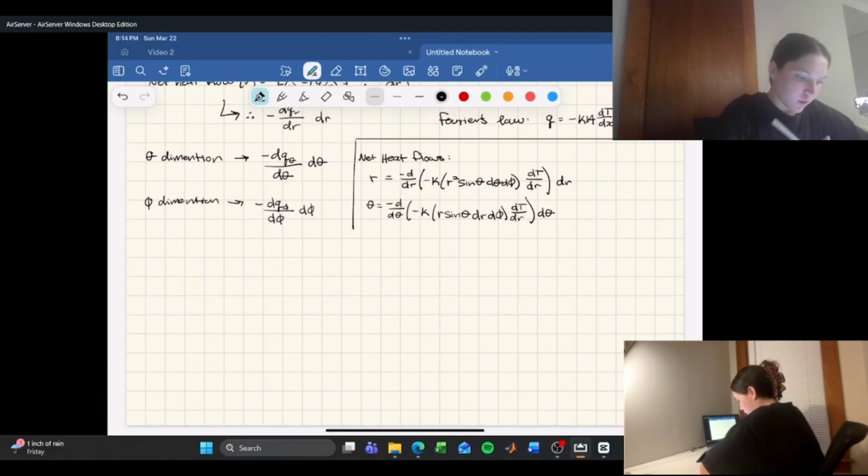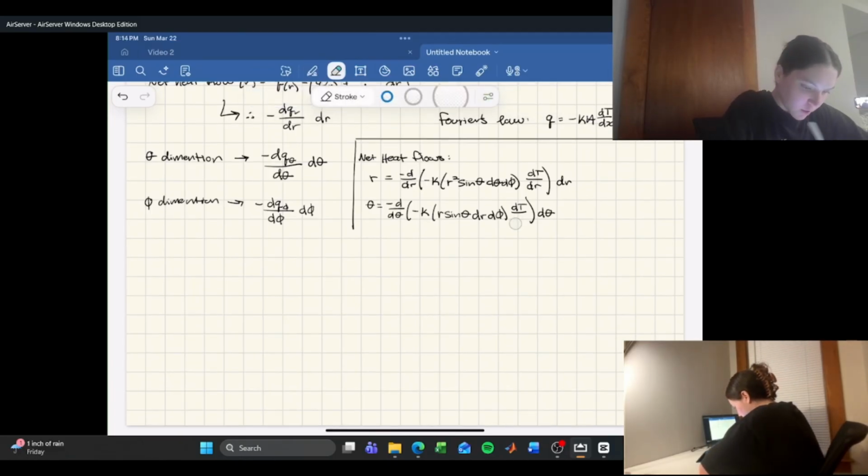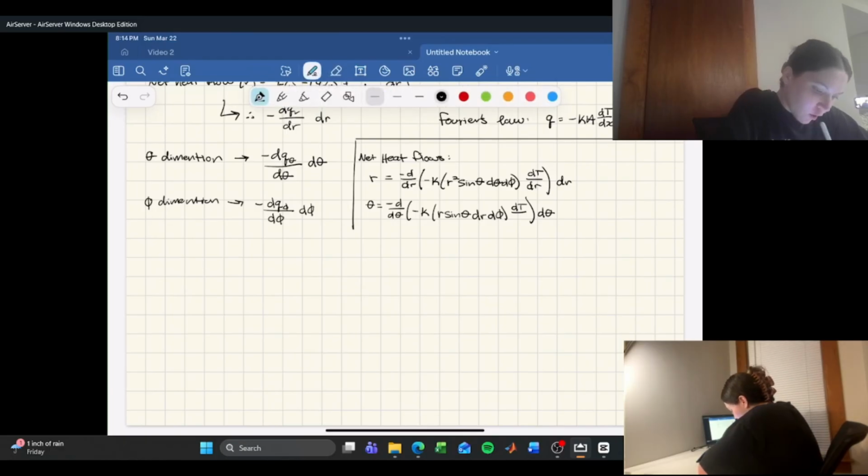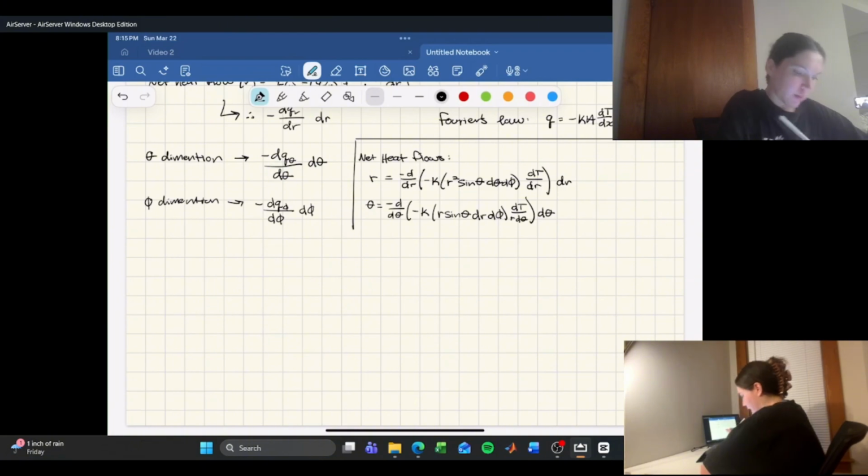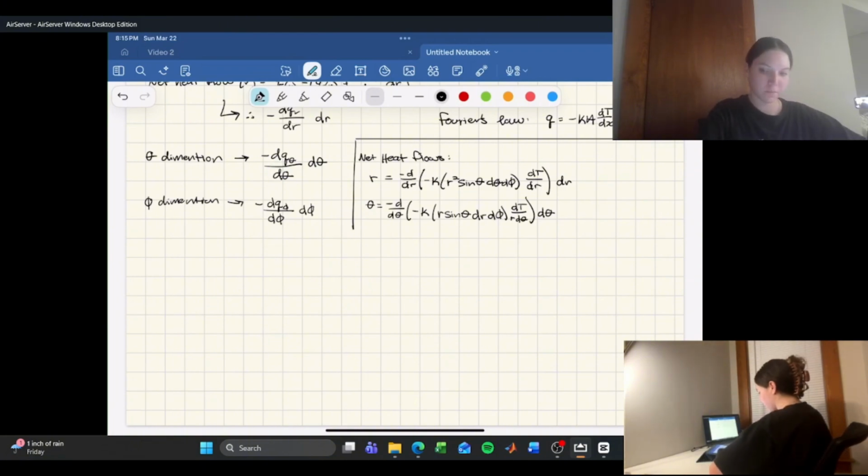And then I actually lied, because this should be r times d theta to get it out of polar coordinates.